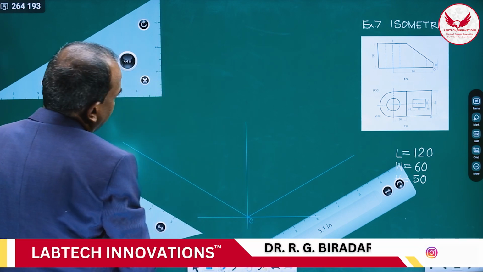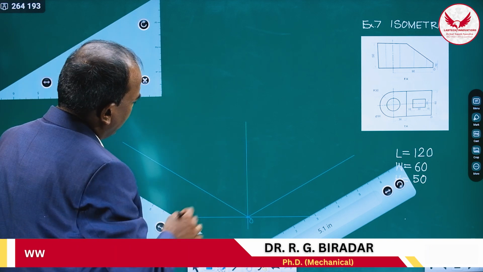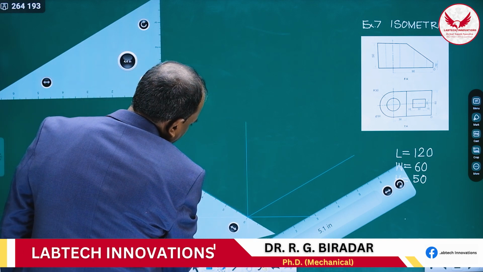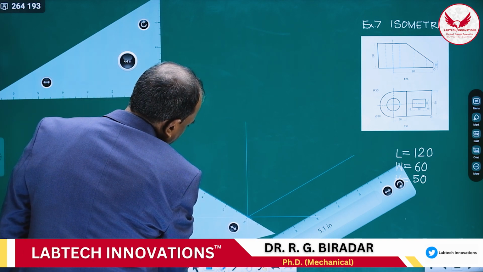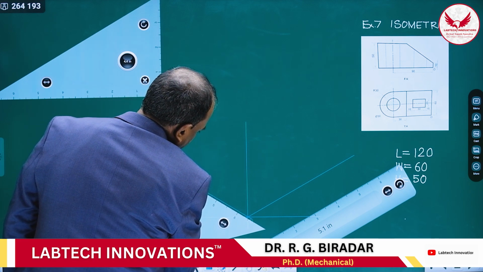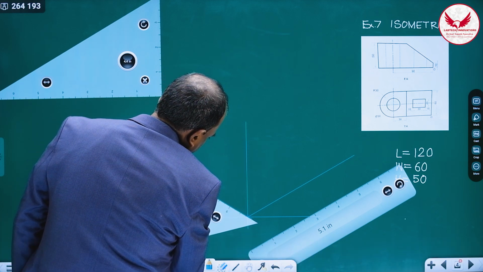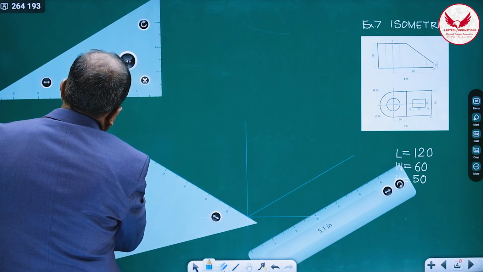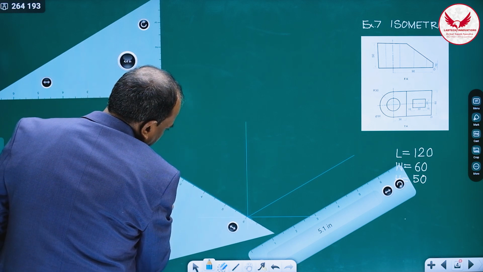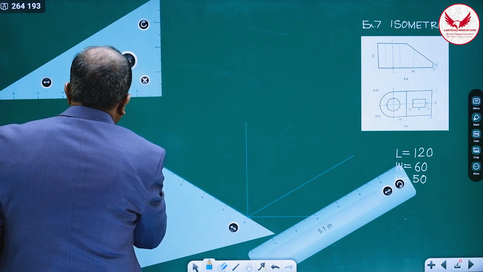And once we mark this, then mark these dimensions: length is how much, width is how much, height is how much. Length will be 120, so we mark 120 over here.